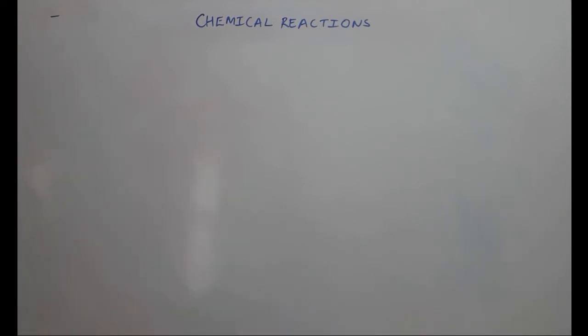So there are certain chemicals that react with each other in order to give a product. So in this video we look at how chemicals react with each other and what brings about their reaction. Apart from that, we look at what are chemical equations.